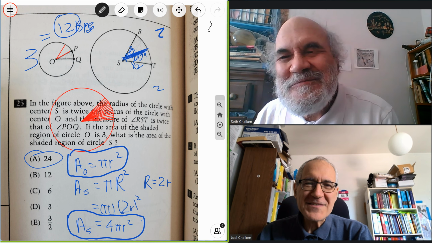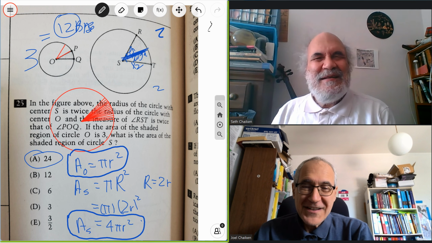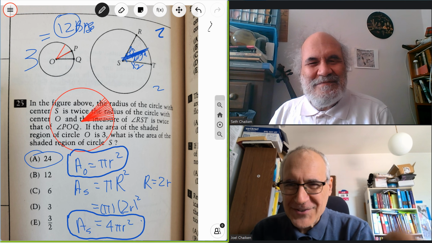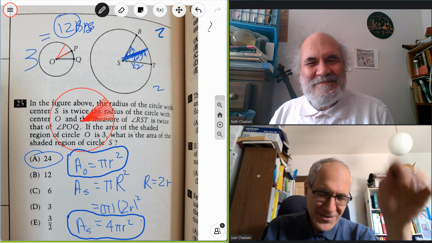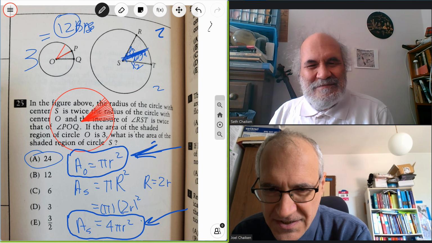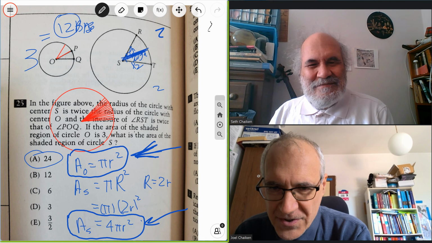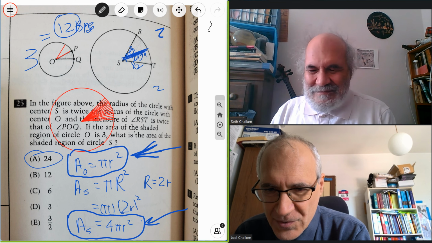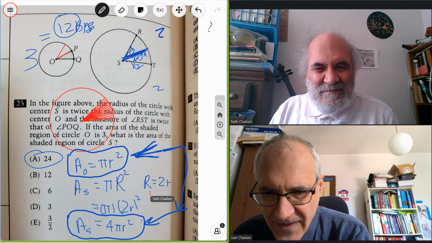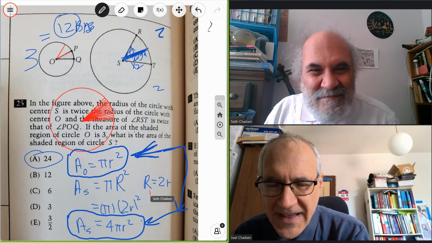But let's move to something that really is important. This is something that really is important for the SAT and for geometry generally. This shows you that if you double the radius, you multiply the area by the square of that doubling.